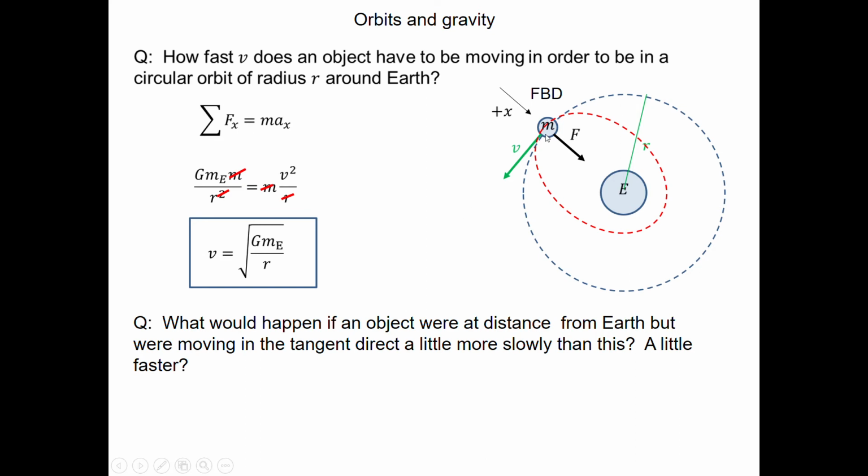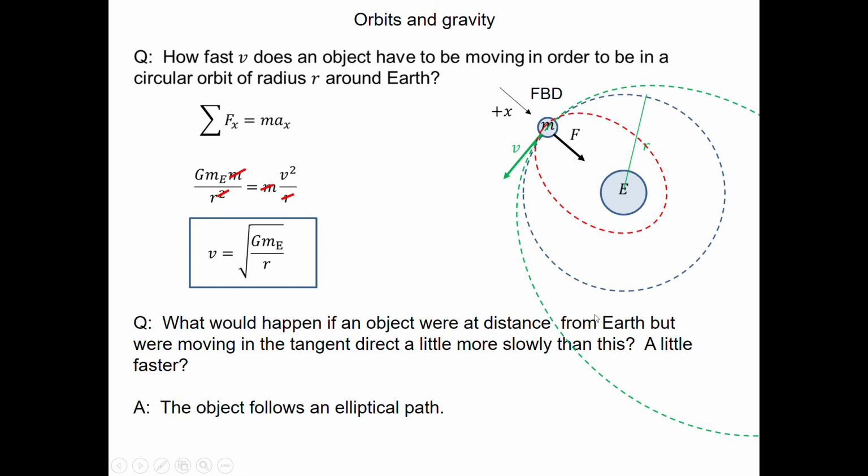If you take a hammer and give it a whack in the direction it's going at this position, it would be going too fast for the radius it's at, and we would find something similar happens. It overshoots and starts going farther away from Earth initially, and it ends up on another ellipse, which causes it to go much farther away from Earth, but eventually it comes back to the same position.